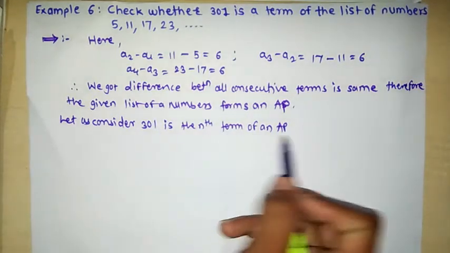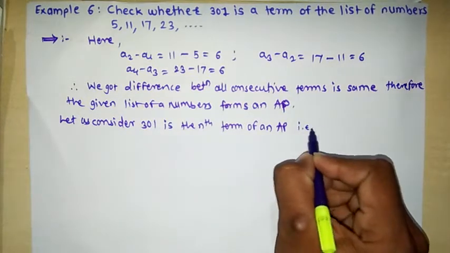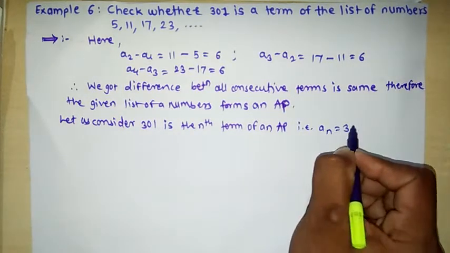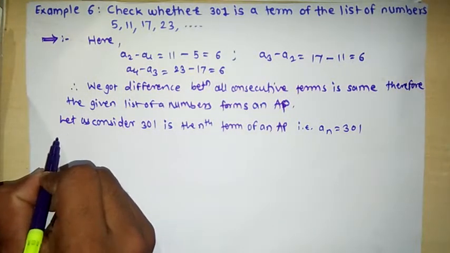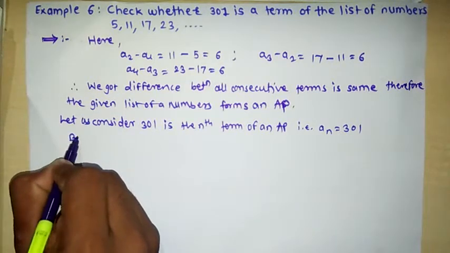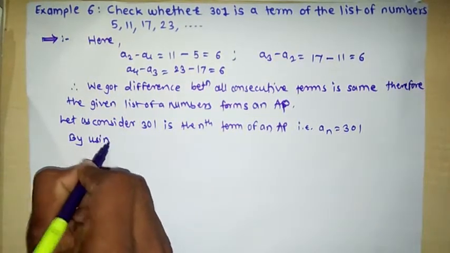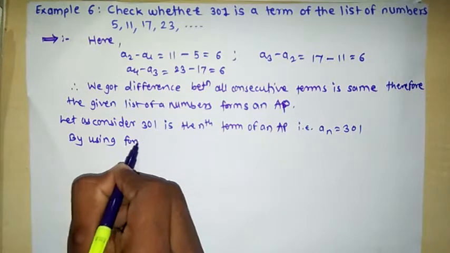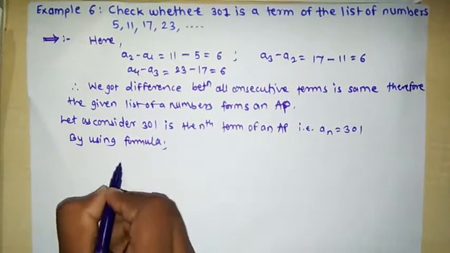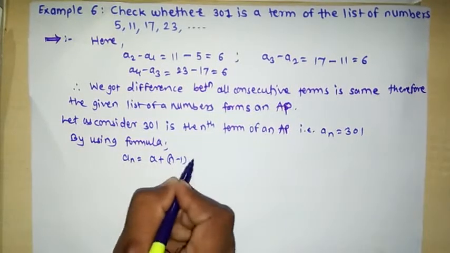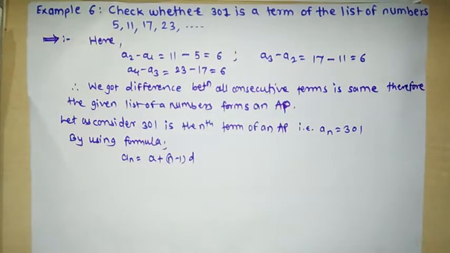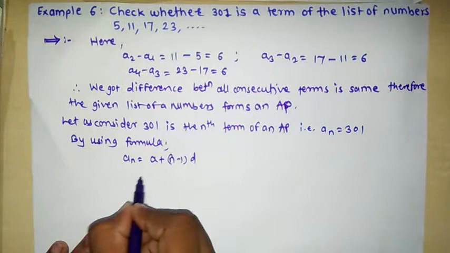That is the nth term of an AP, that is AN is equal to 301. Now we will apply the formula, that is AN formula. Now by using formula AN is equal to A plus N minus 1 into D.